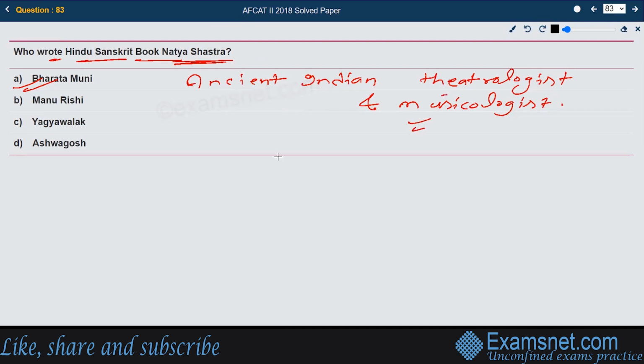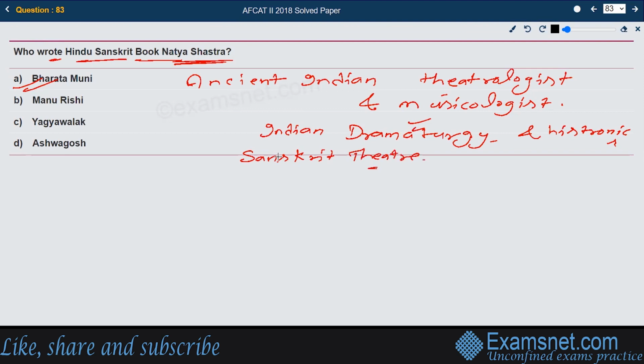He was good in two arts, and he wrote this ancient Indian book, which touched on Indian dramaturgy, histrionics, and Sanskrit theater: how Sanskrit theaters are organized and what their themes are. The book is called Natya Shastra, written by Sri Bharat Muni.